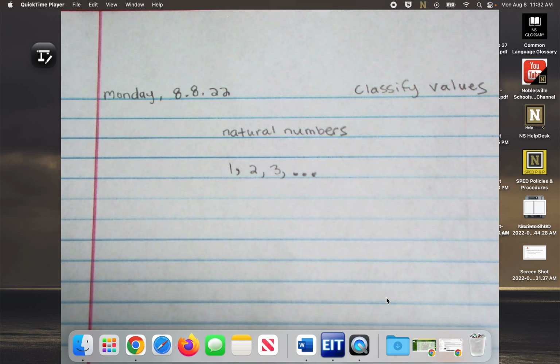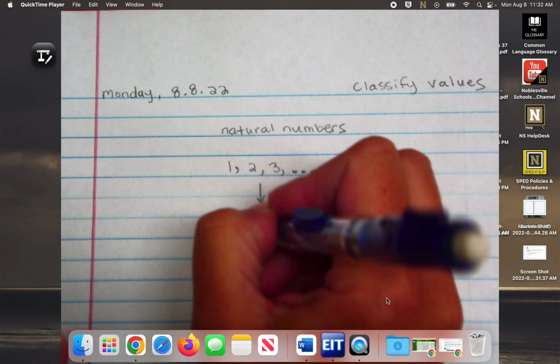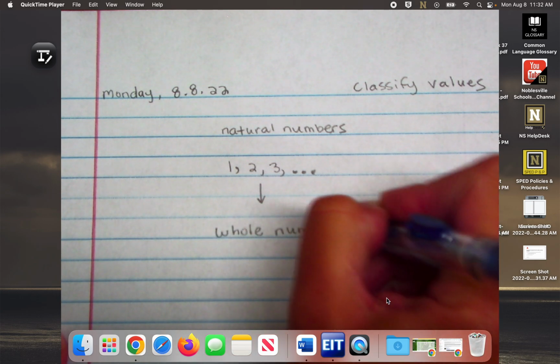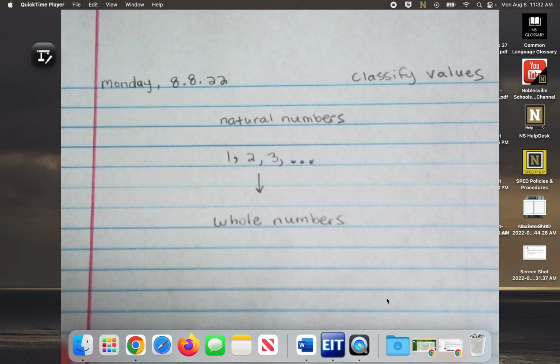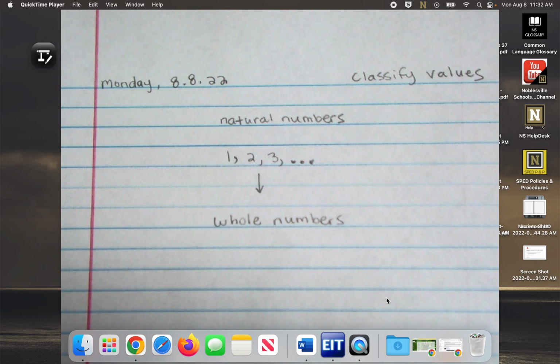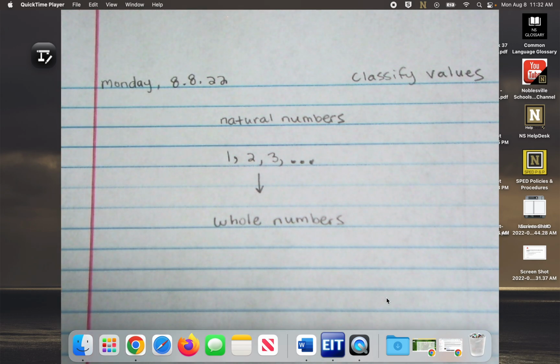Okay. So then natural numbers can also fall into the category of whole numbers. Every layer can work its way down into the next layer. You cannot go backwards up. Okay? So whole numbers actually do start at 0.